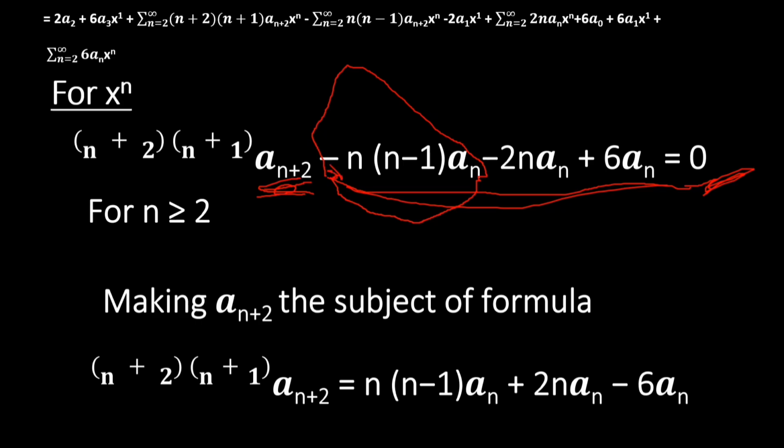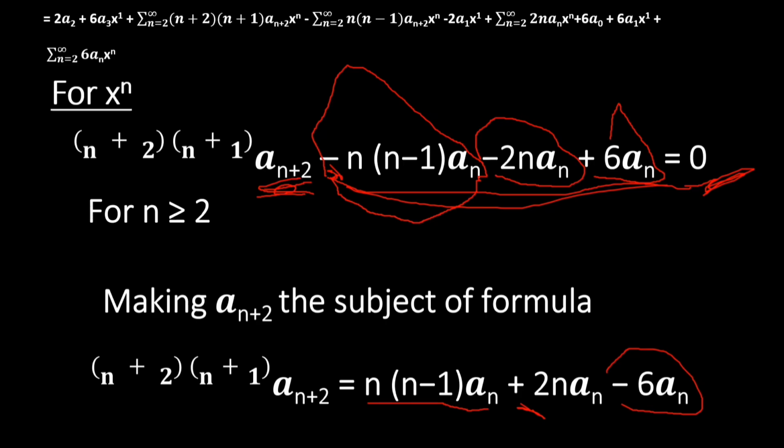So you can see that there's no longer minus there. So when this part minus 2n a subscript n moves to the other side, it will change to plus. You can see here that the minus changed to plus. So when this part plus 6a subscript n moves to the other side, it changed to what? Minus 6a subscript n. So I hope we are familiar with that.